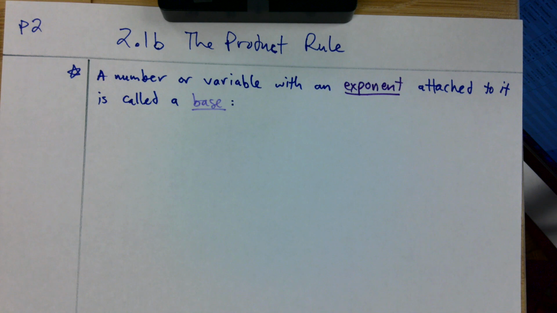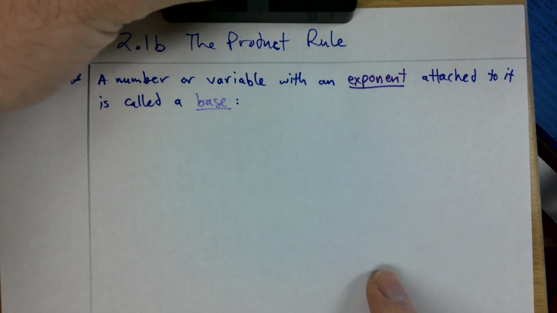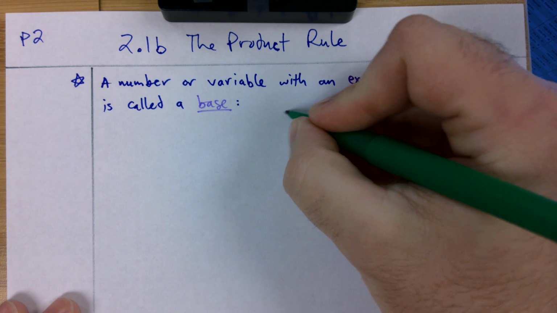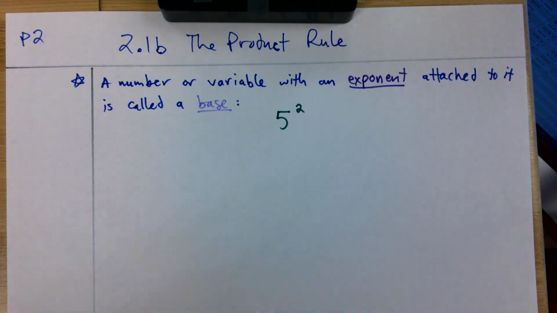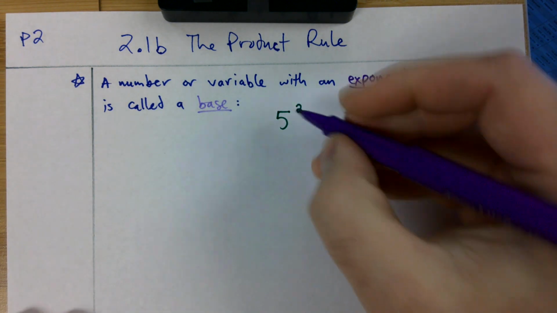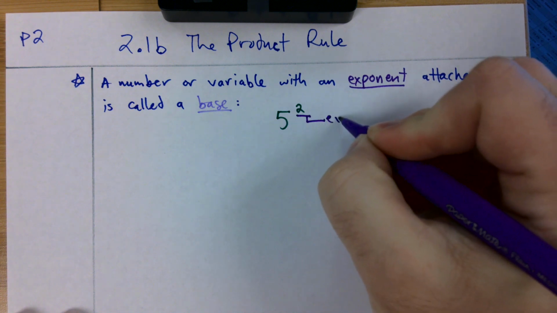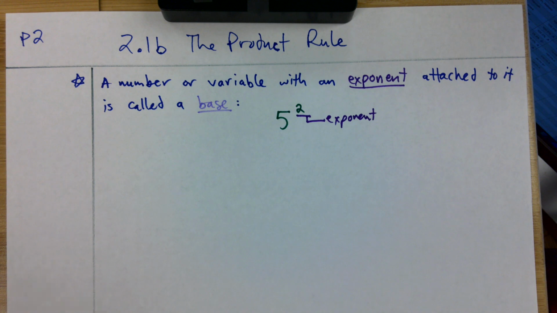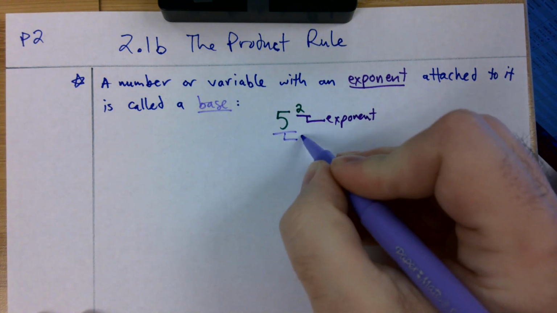So a number or variable with an exponent attached to it is called a base. And we should already all know this, right? But just to review and make sure that we got our vocab down, if we have 5 to the second power, 2 here is our exponent, which would make 5 our base.